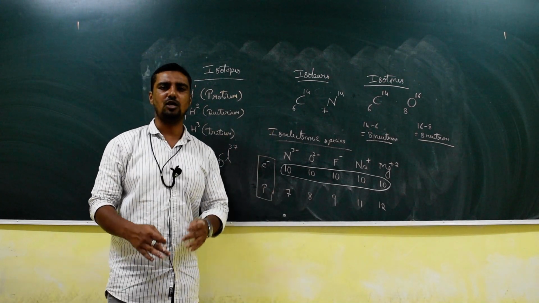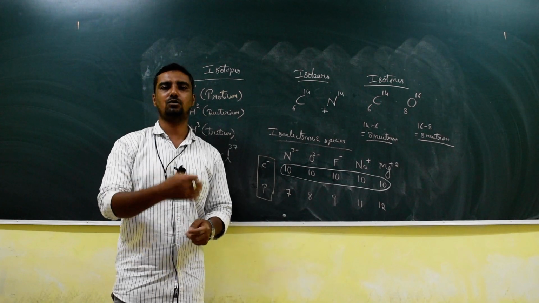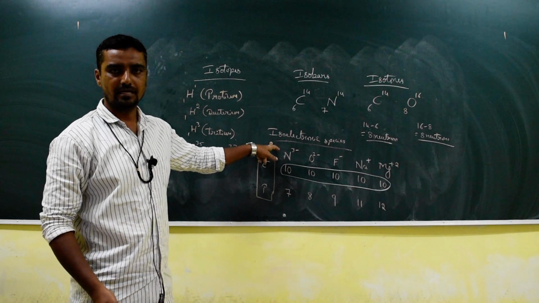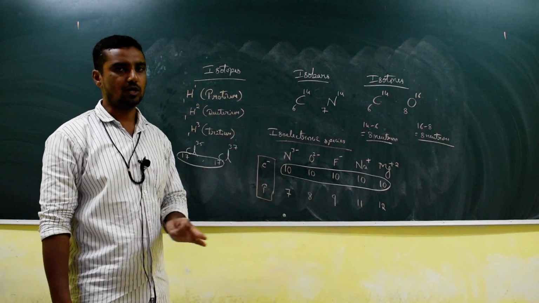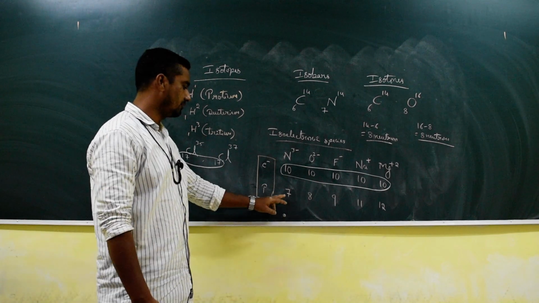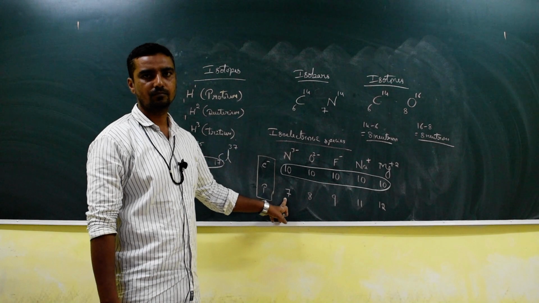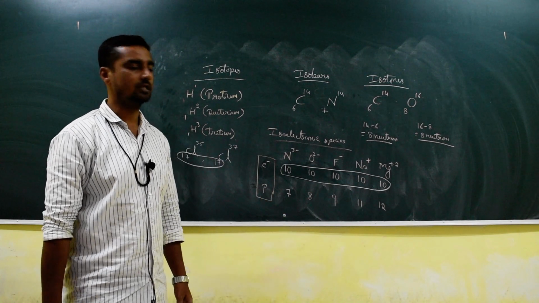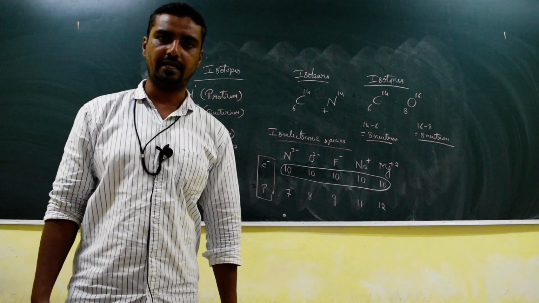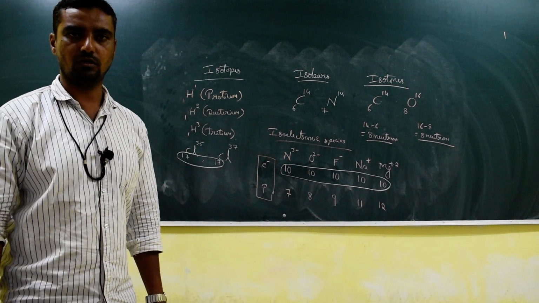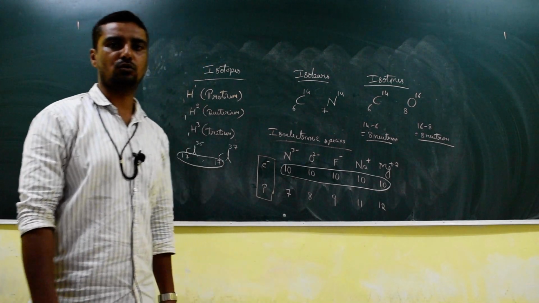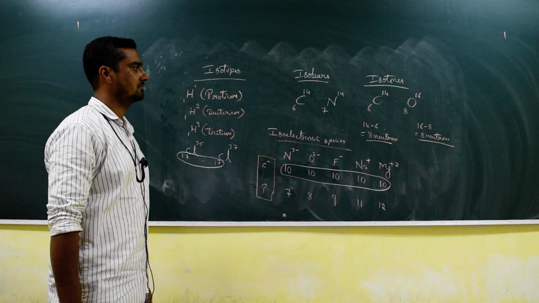The name itself indicates it: iso means same, electronic means electron, same number of electrons but different number of protons. The species which contain the same number of electrons but different number of protons are called isoelectronic species.